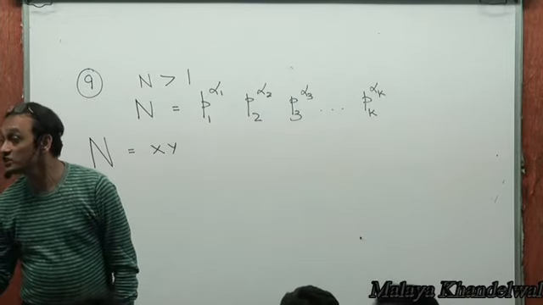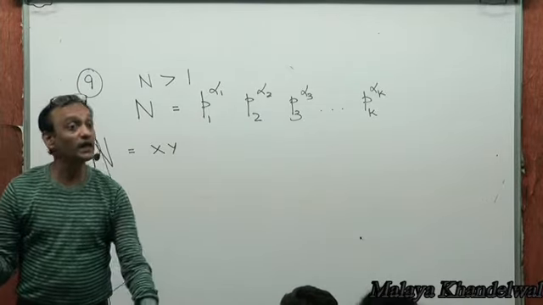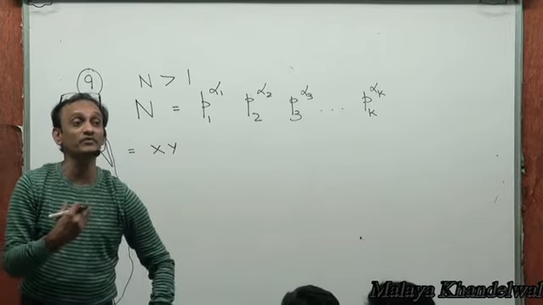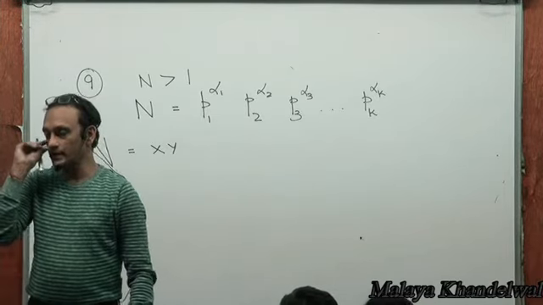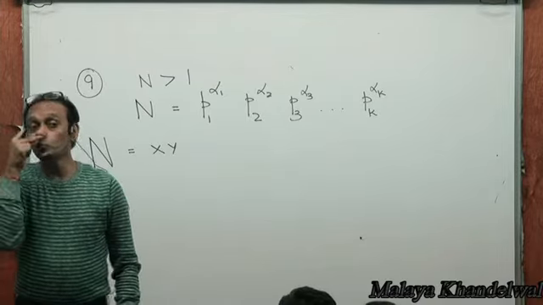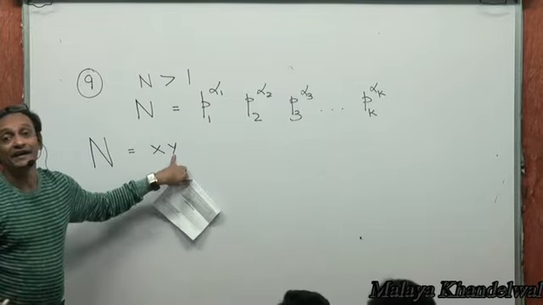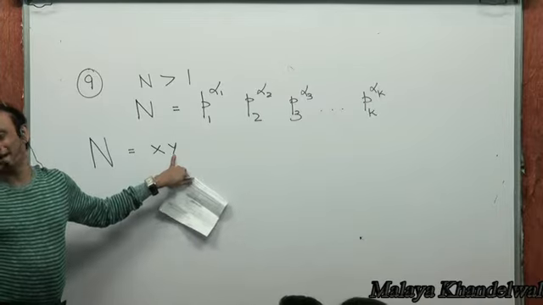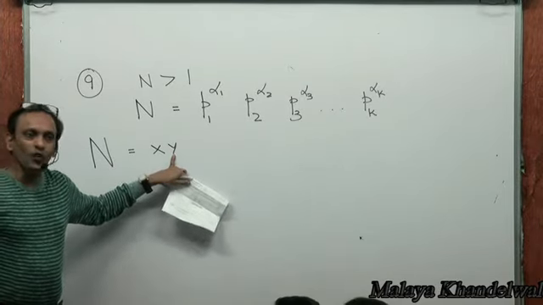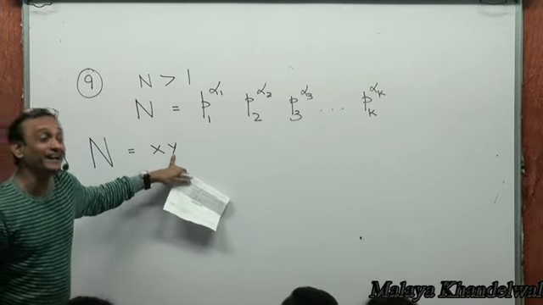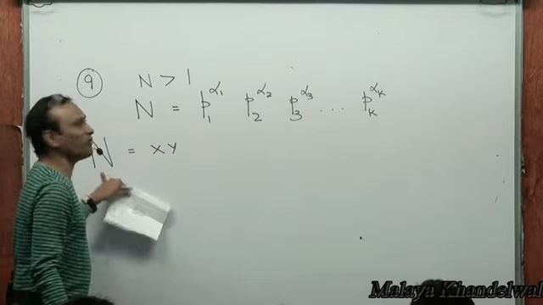That means their HCF is 1. When are x and y co-prime or relatively prime? If their HCF is 1, right? So I don't want x and y to have any factor other than 1 in common. This is what I want to do to n.